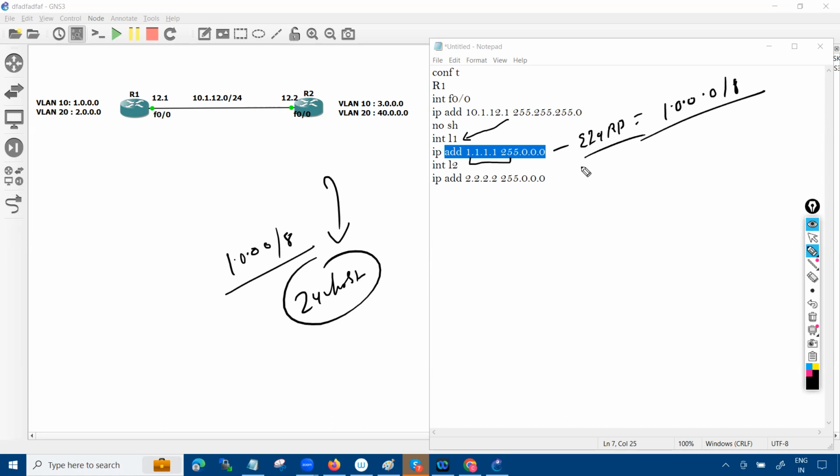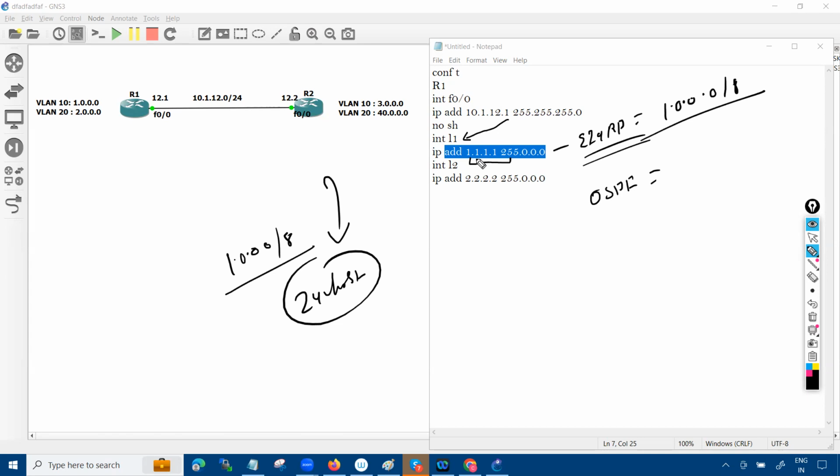EIGRP is not a smart protocol. What is OSPF doing? In the OSPF protocol, if I advertise this route, OSPF says, hey, I'm better than you. I know this is a loopback interface, and on this loopback interface you have configured 1.1.1.1. Loopback is a single interface.